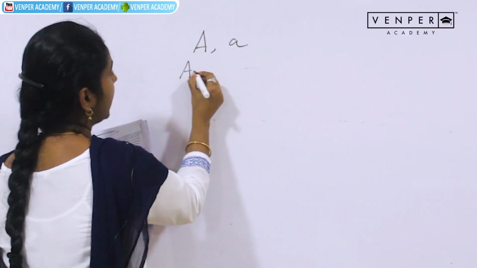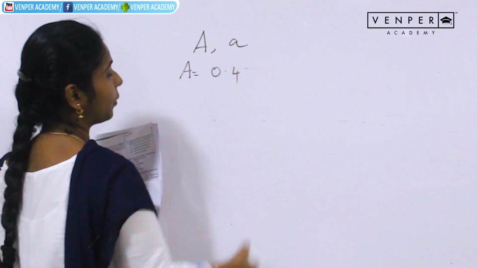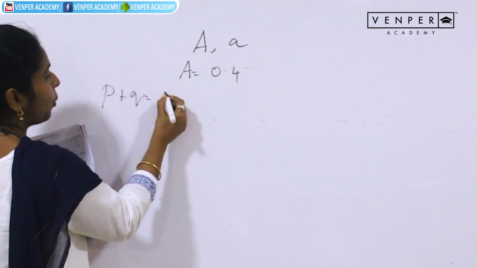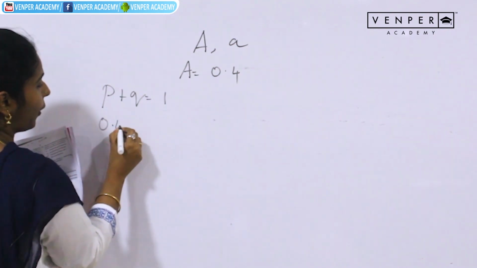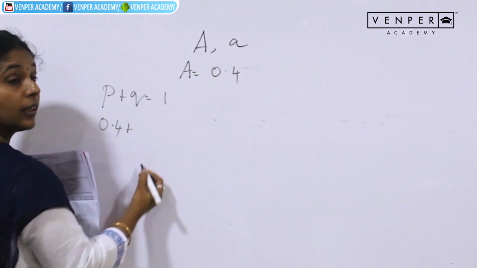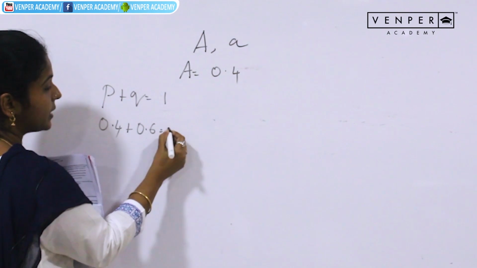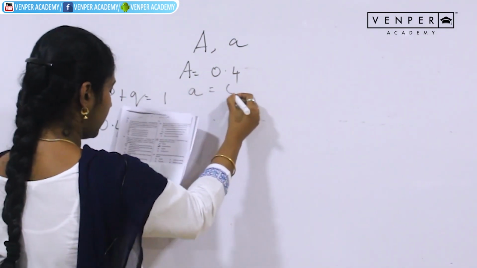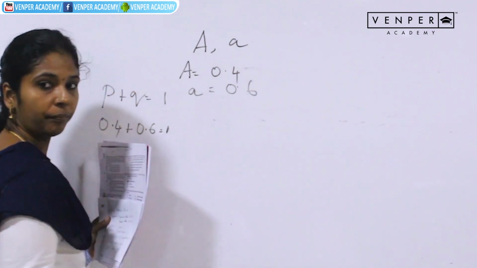The frequency of capital A is given as 0.4. So p plus q is equal to 1. Capital A is 0.4, so ultimately small a will be 0.6, so that it is equal to 1. So small a is 0.6.